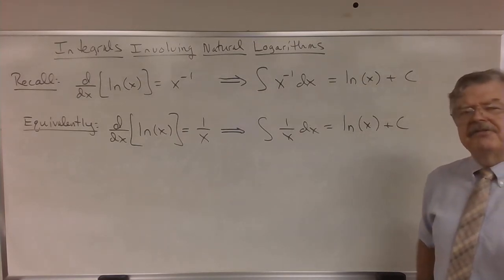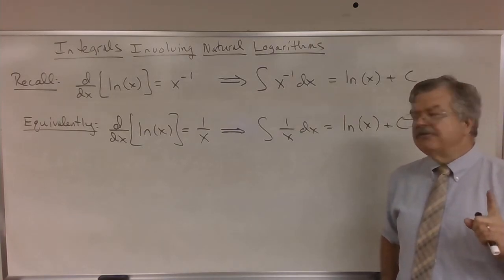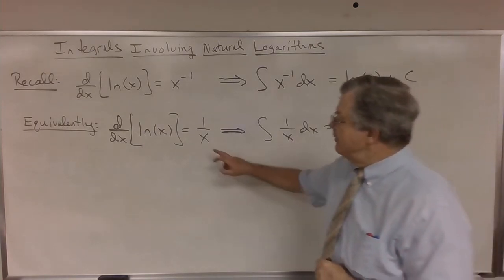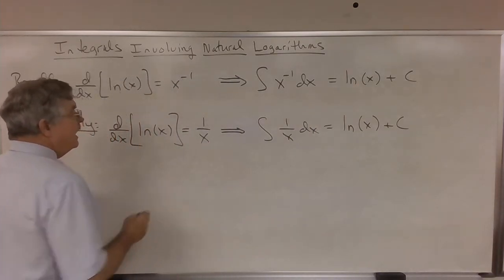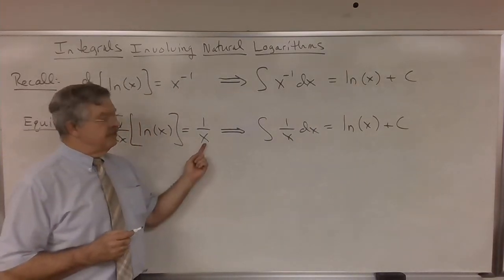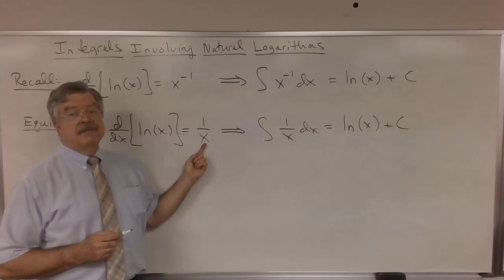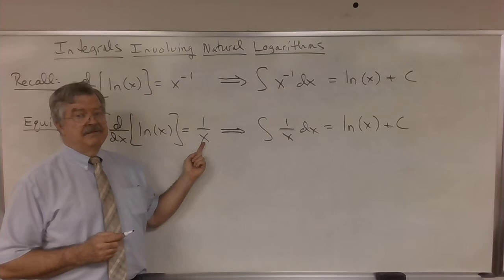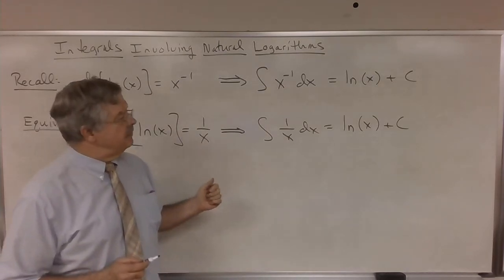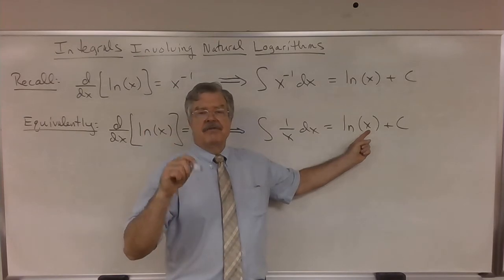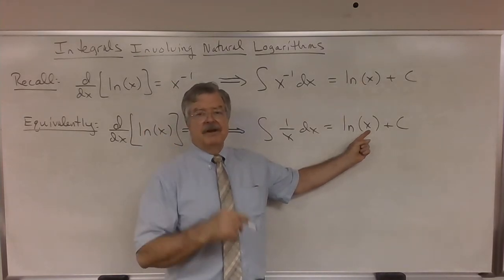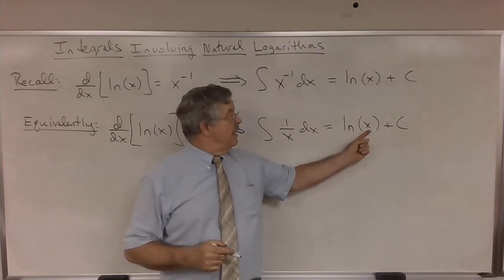And here's the issue. If we have 1 over x, and we want to compute the antiderivative of 1 over x, it's possible that x could be negative. But oops, if we stick a negative number in here, remember the entire Earth and our solar system is going to get sucked into that black hole.